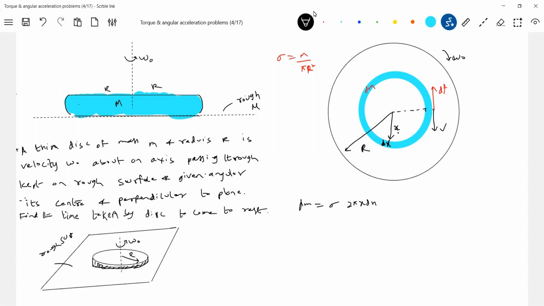Then what is the df value? df is equal to mu into dm into g, substituting, mu sigma 2 pi x dx into g.